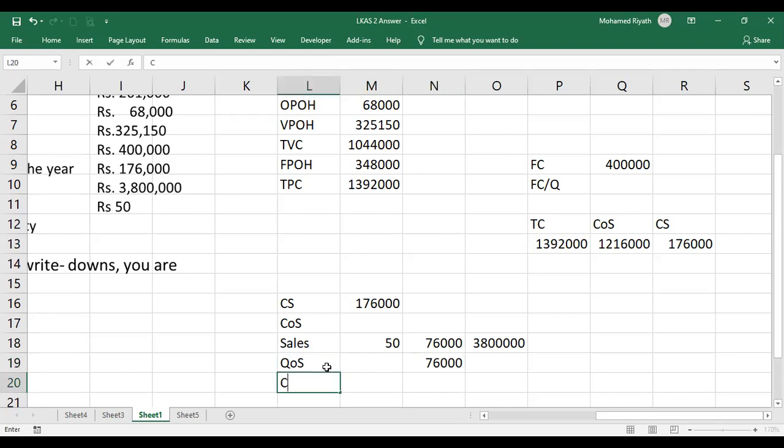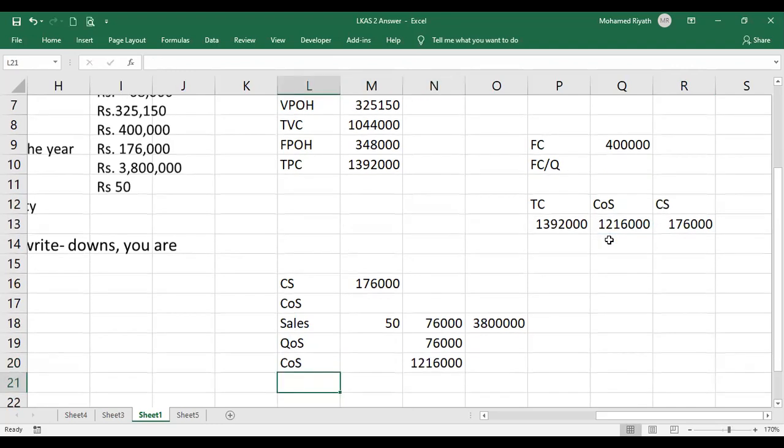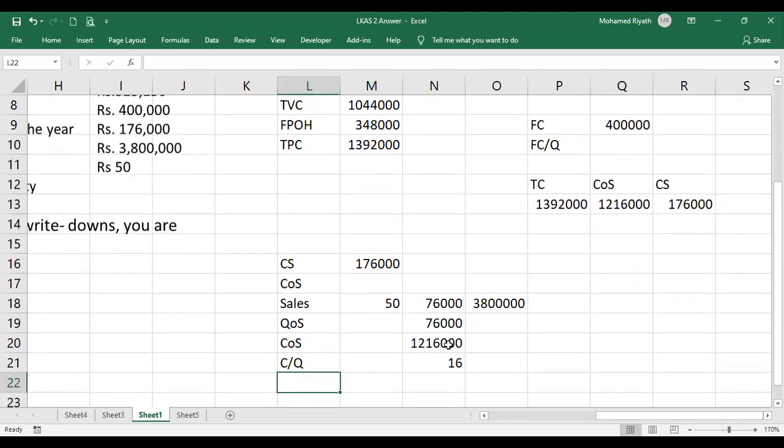Then cost of sales equals this value, then cost per unit. Cost per unit is COS divided by quantity of sales.